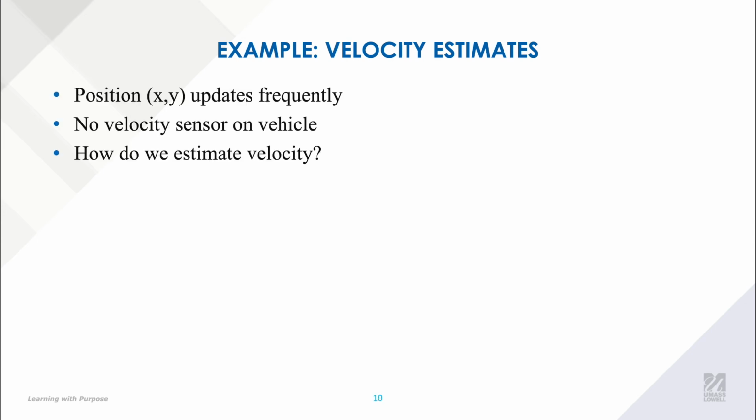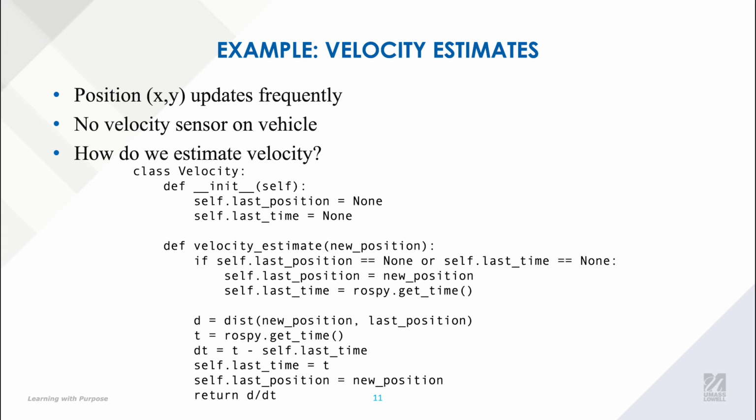So referring back to our initial example setup here, our position updates frequently, probably more often than every 2 seconds, but we don't have a velocity sensor, so how do we actually estimate this velocity? Well, here's some pseudocode that shouldn't be taken as actual code to copy-paste, but pseudocode that you can take a look at here and guide you through making your own system like this. So we're going to have 2 state variables here.